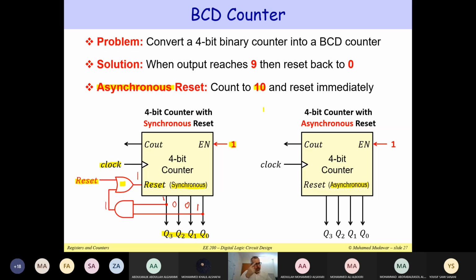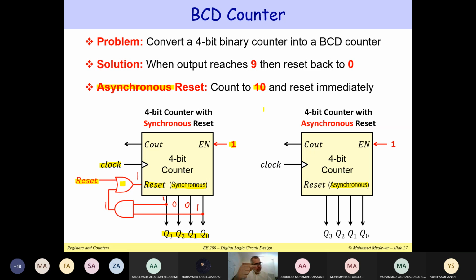Let me repeat. You count from 0 to 9 normally, and next cycle you count up to 10, but once you have detected the 10, reset immediately in the same cycle. Let it reach 10 and make the 10 into 0.